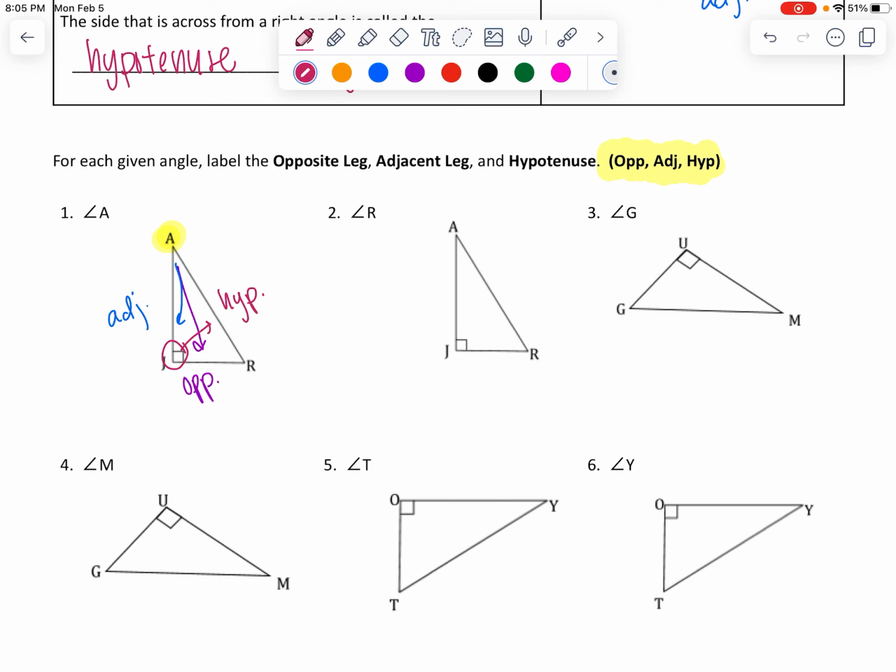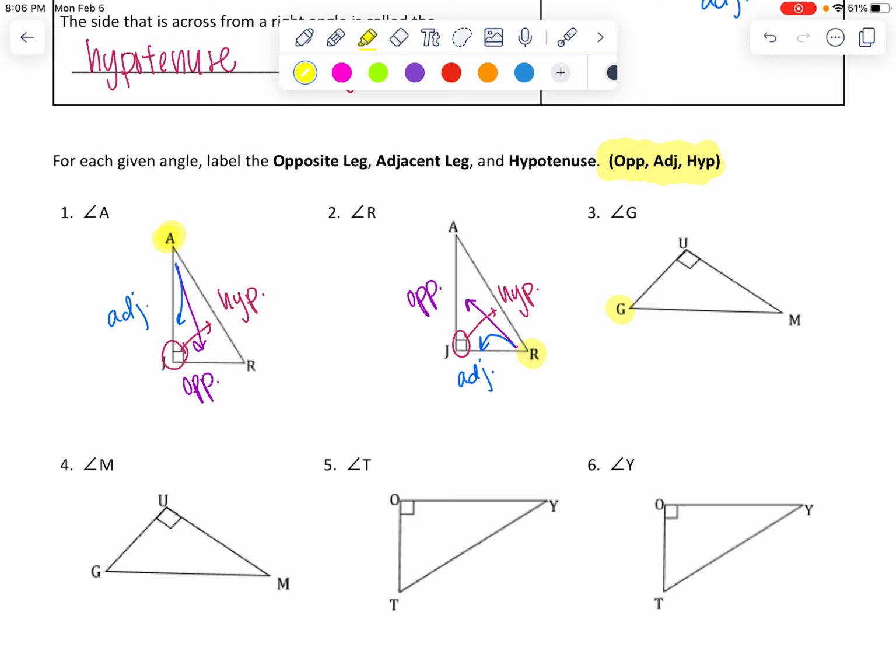All right, number 2, now we're referring to angle R. Start with your opposite leg, just across from that angle of R. So here's my opposite leg. The adjacent leg is the non-hypotenuse side right next to the angle. There's my adjacent leg. And then your hypotenuse is across from your right angle.